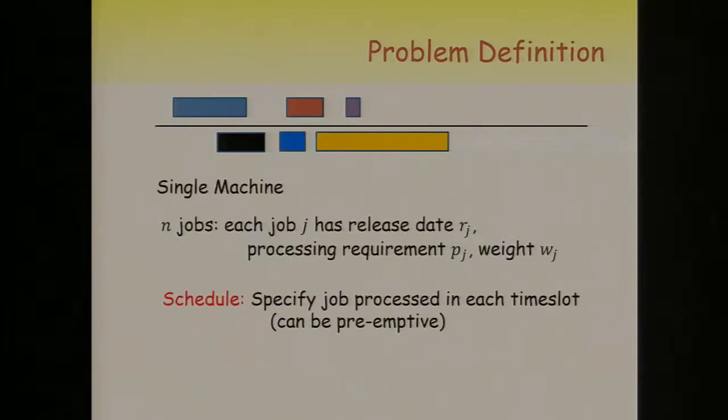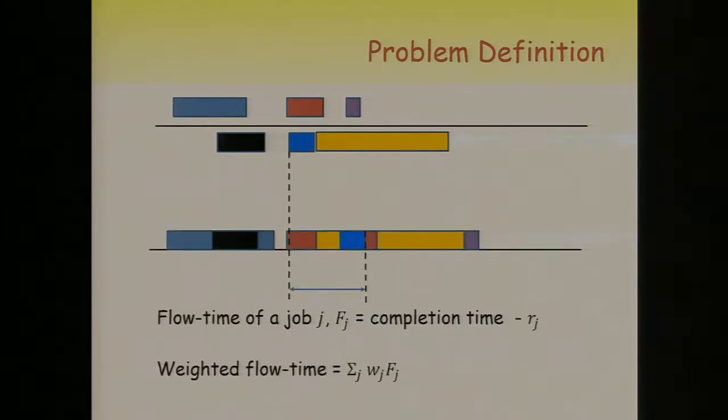Let me say one more thing. You are allowed to preempt a job, which basically means that you can do a job for a while, then stop it, do something else, and then bring it back. So for example, this picture is saying that this job has a release date here, and this is the size of this job, and I'm not specifying the weights right now.